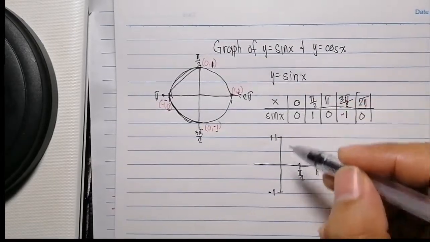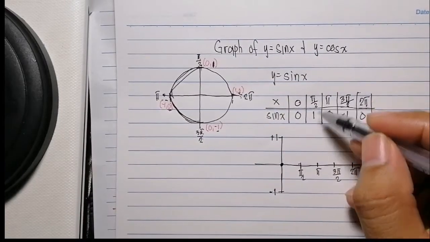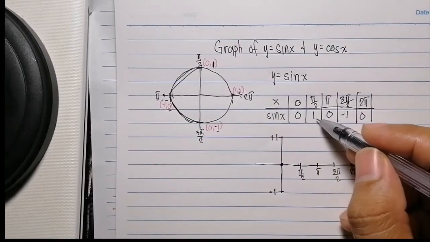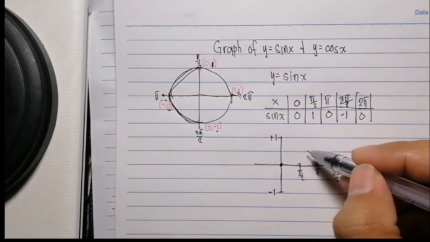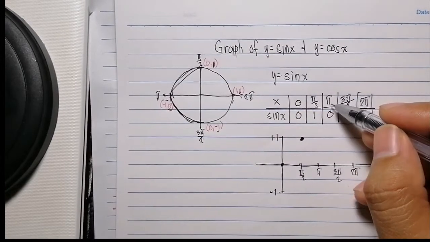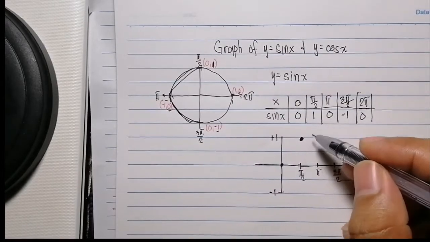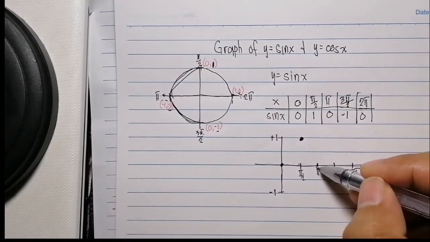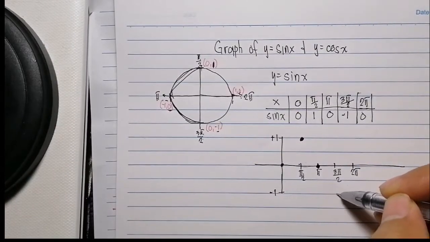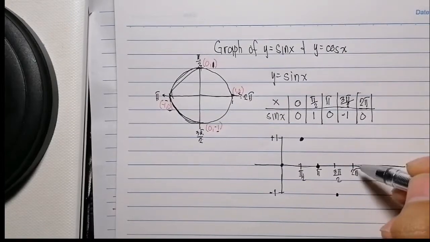If x is equal to 0, then sin x is equal to 0. If x is equal to pi over 2, then sin x is equal to positive 1, right? If x is equal to pi, then sin x is equal to 0. 3 pi over 2, negative 1. 2 pi, 0.